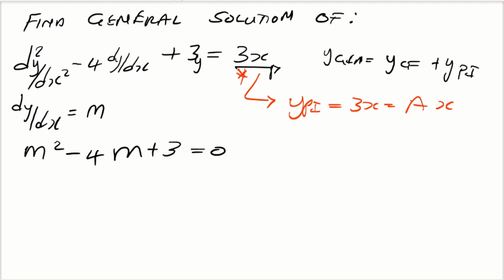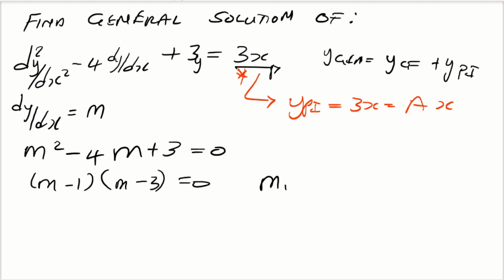First you have to find your y CF, and after finding your y CF, you find your y PI. To find your y CF, you have to find the factors first. So the factors of this give you m minus 1 and m minus 3 equals 0.